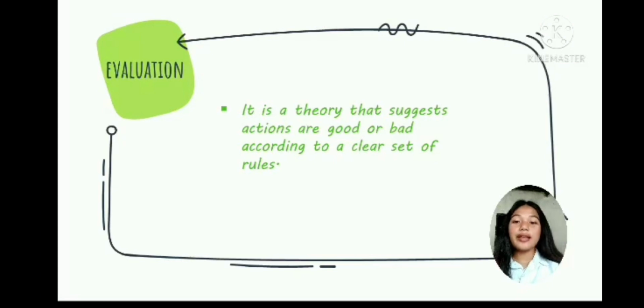In addition, deontological ethics holds that at least some acts are morally obligatory regardless of their consequence for human welfare. So, for me, deontology is using a set of rules to distinguish whether your action is right or wrong. Actions that obey these rules are ethical, while actions that do not obey these rules are not ethical.